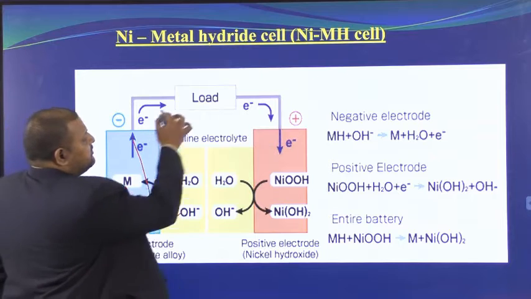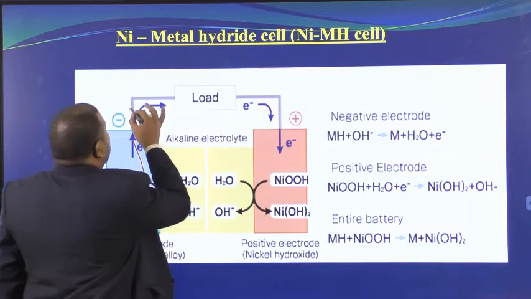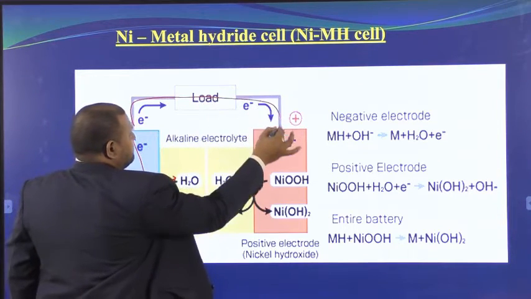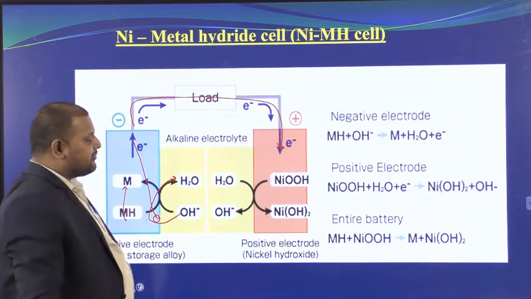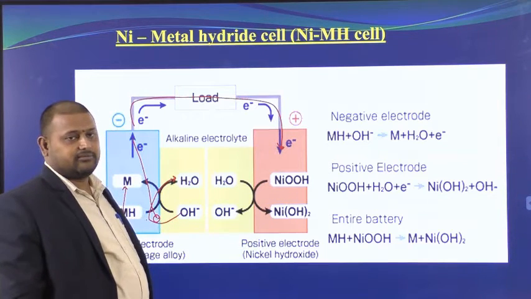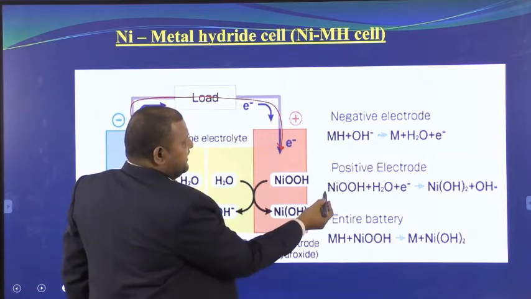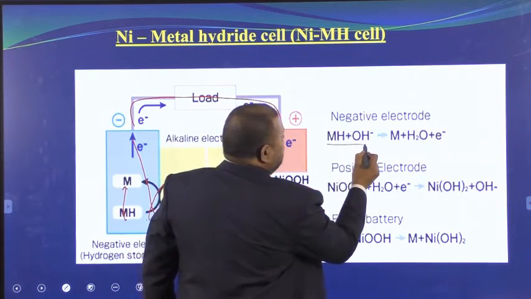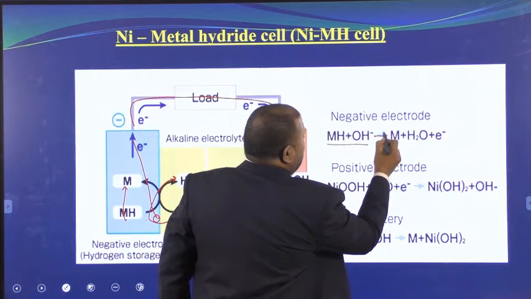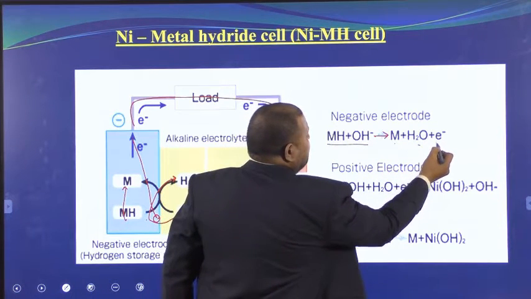Right. So slowly the electrons start moving from here to here. All the electrons have come towards the positive electrode. In the positive electrode, what do we have? Nickel oxide hydroxide. See here. So MH and OH minus react to form M plus H2O plus this one electron.